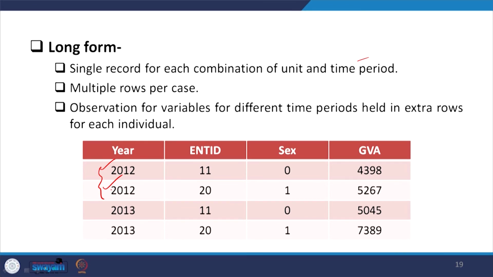There are double entries for GVA, look at this. Earlier we entered GVA for different periods as different variables in columns, but here we have entered it in another row. Similarly, 2013 also.